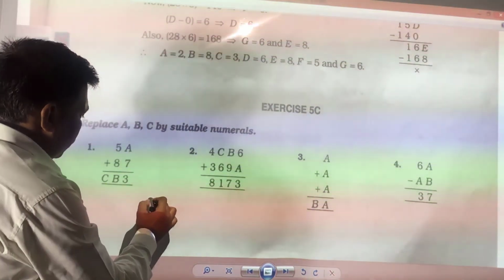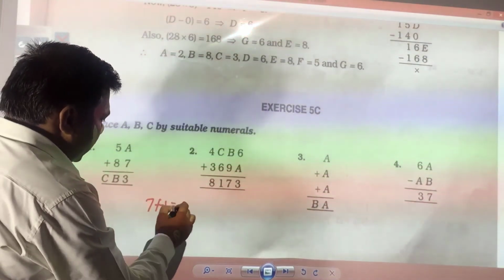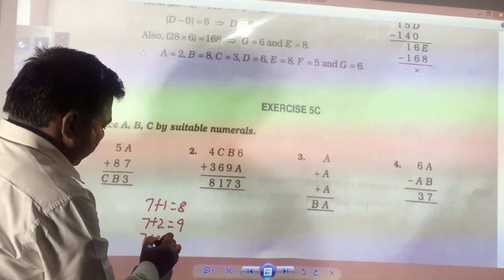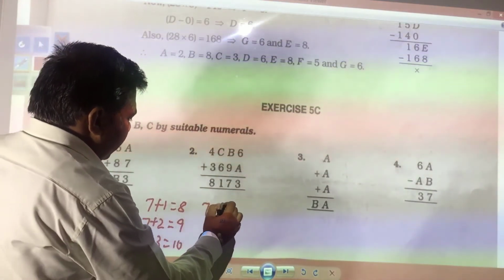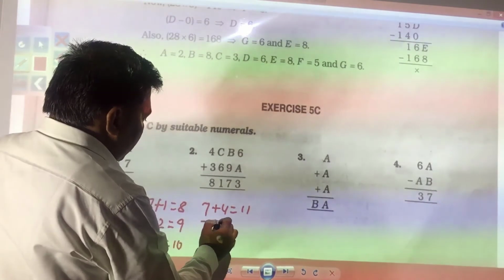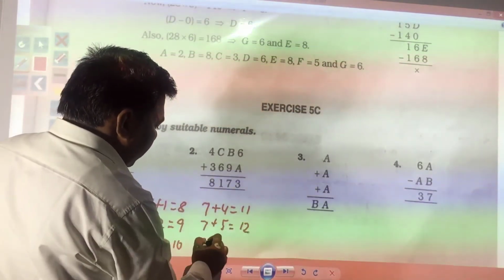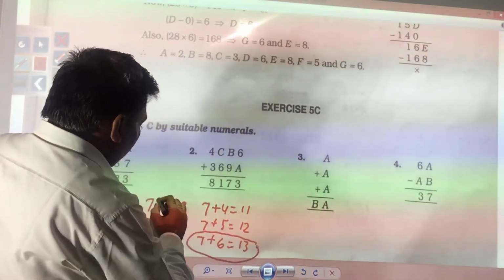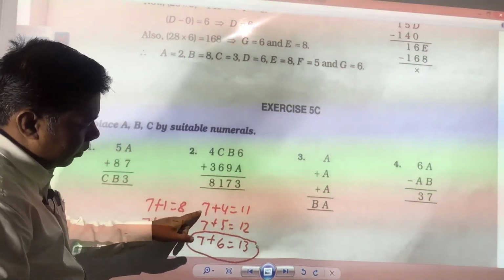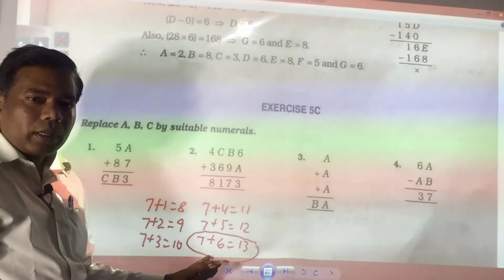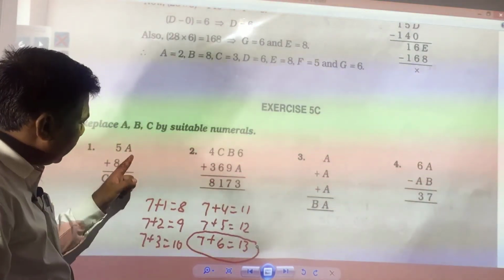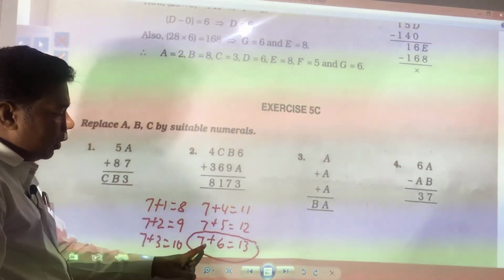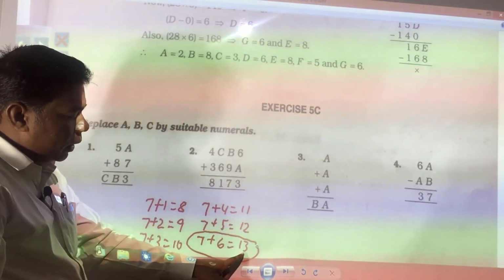So, just you find out 7 plus 1 will be 8, 7 plus 2 will be 9, 7 plus 3 will be 10, 7 plus 4 will be 11, 7 plus 5 will be 12, 7 plus 6 will be 13. So, all these things are not required to be done. If you do more practice, directly you can see and judge what number should be there, so that you will get 3 over here. 7 plus 6 if you write, you will get 13.